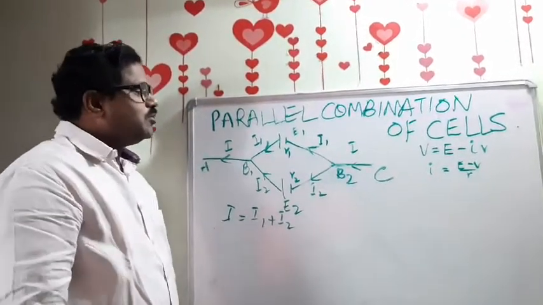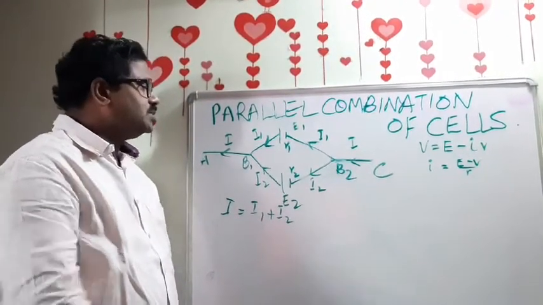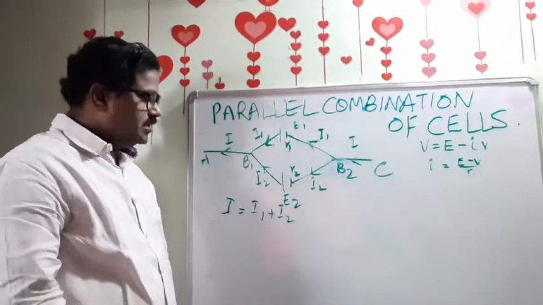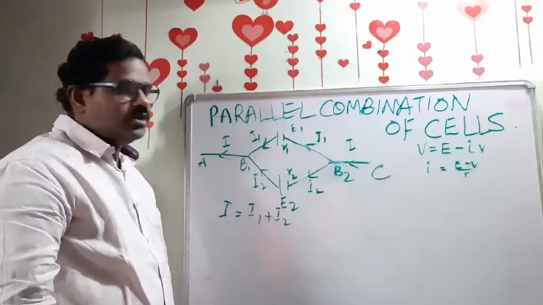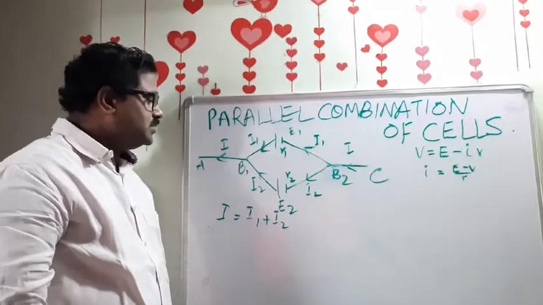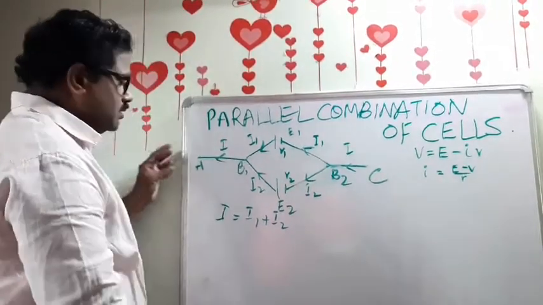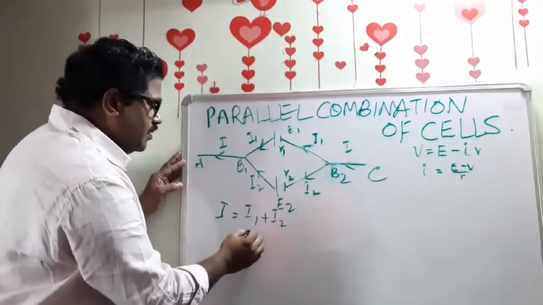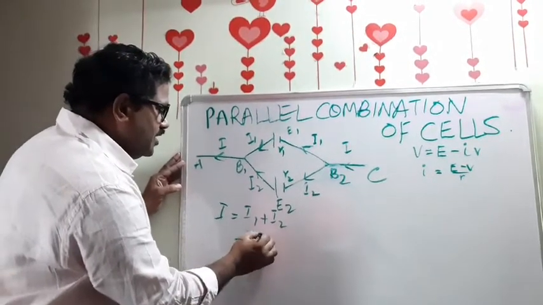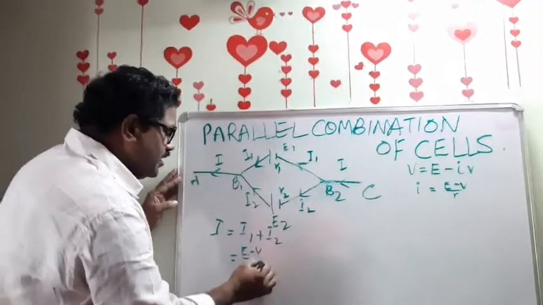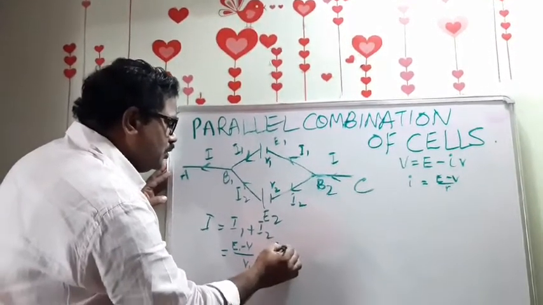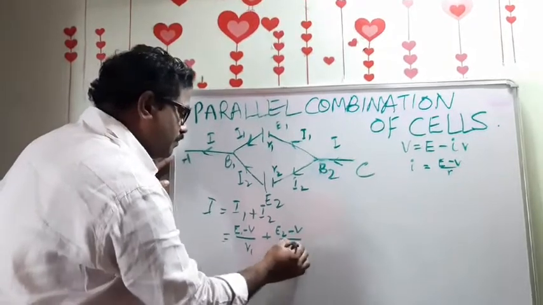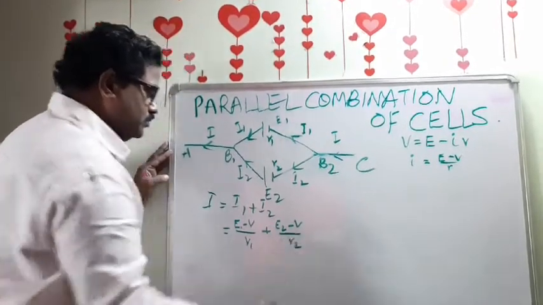The potential difference between the two points A, C and between B1, B2 is assumed to be V. I equals I1 plus I2, which becomes E1 minus V by R1 plus E2 minus V by R2.